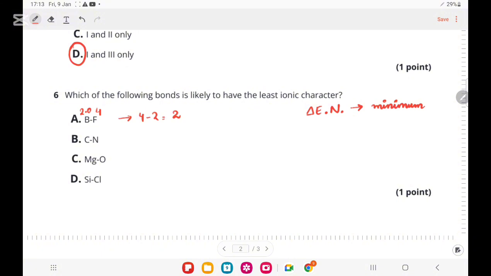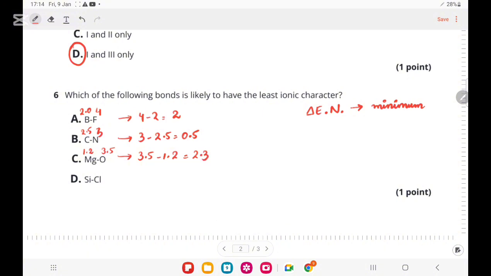Then for nitrogen and carbon, carbon is 2.5 and nitrogen is 3. So their electronegativity difference is 3 minus 2.5, that comes out to be 0.5. Then we have magnesium and oxygen. Magnesium is 1.2 and oxygen is 3.5, and their electronegativity difference is 3.5 minus 1.2, that comes out to be 2.3.